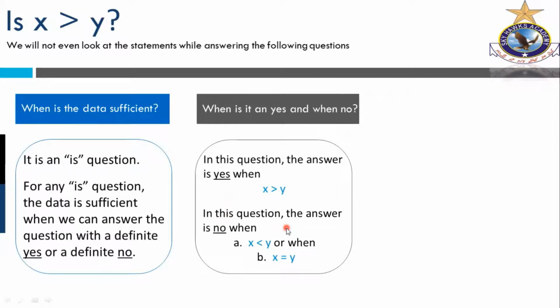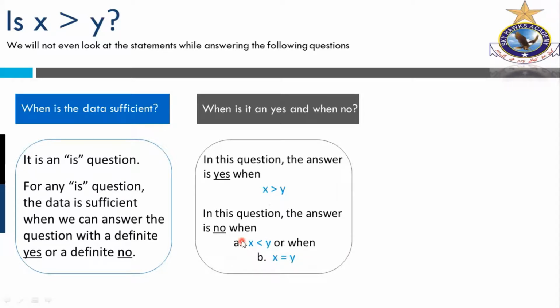The answer is no when x is less than y or when x is equal to y. So mathematically, looking at these two statements, the answer is yes if x is greater than y, and the answer is no when x is less than y or x is equal to y. In both cases, the answer is no.